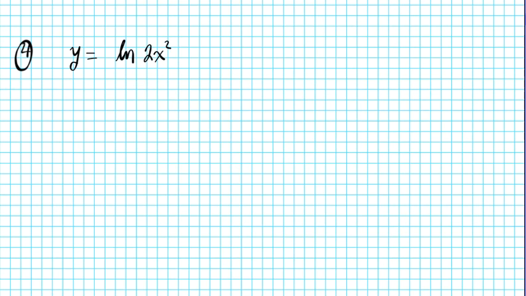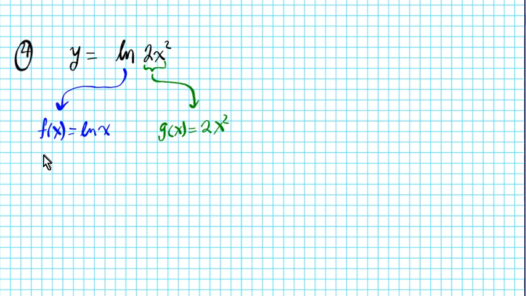Okay, this is a composite function of a natural logarithmic function and a polynomial function. Step 1, we decompose. So the outer function is ln x, and the inner function is the argument of the natural logarithmic function, which is 2x squared.